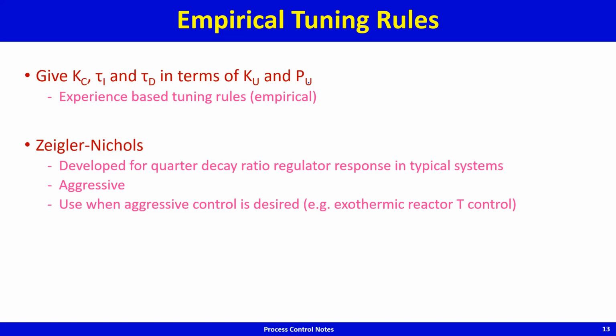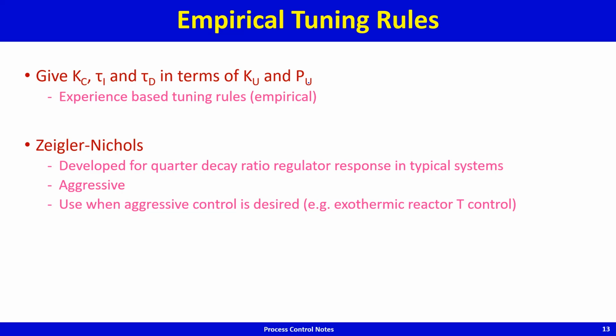Most commonly, the most popular of them, one of them is Ziegler-Nichols. Ziegler-Nichols developed this rule for quarter decay ratio in the regulator response in typical lag dominant systems. So Ziegler-Nichols is for aggressive control. That's why quarter decay ratio, that means the damping coefficient would be of the order of 0.21 or 0.205, something like that.